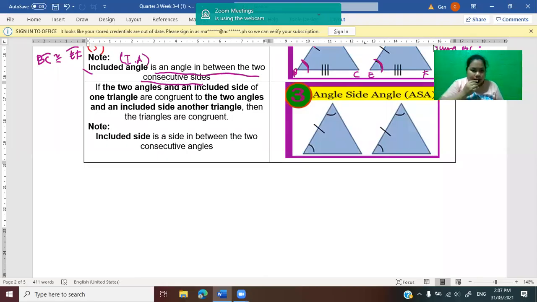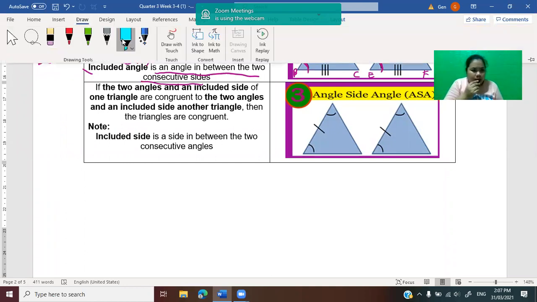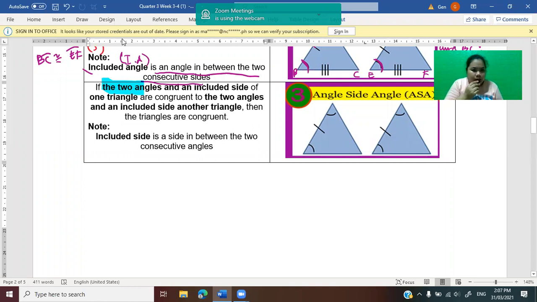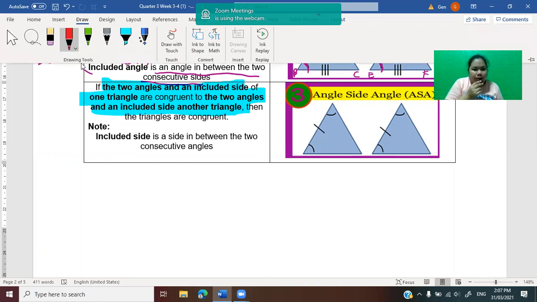For angle side angle, it says that if two angles and an included side of one triangle are congruent to the two angles and an included side of another triangle, then the two triangles are congruent. So kanina we have the included angle, now we have the included side.